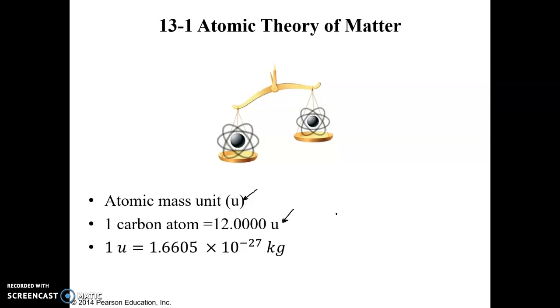Carbon's nucleus has 6 protons and 6 neutrons, and so that makes a total of 12 subatomic particles in the nucleus, and that's what we base this off of. That's the basis. And 1 atomic unit is 1.6605 times 10 to the negative 27th kilograms.